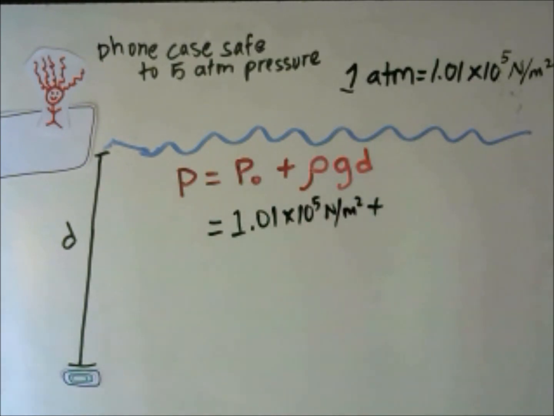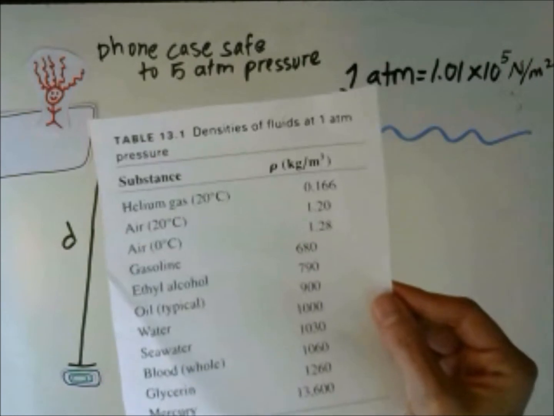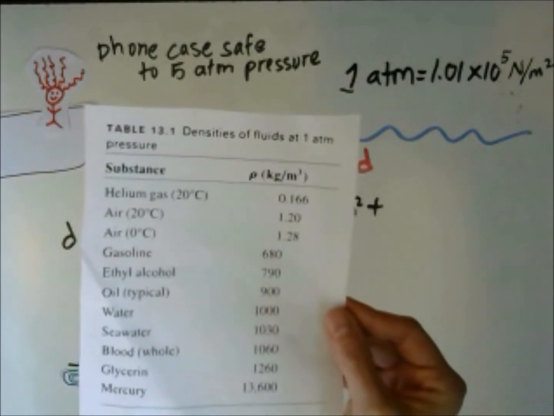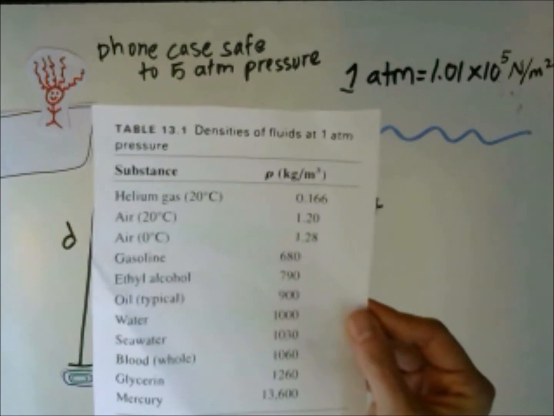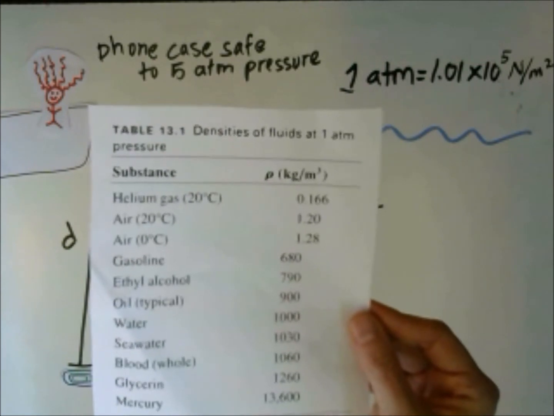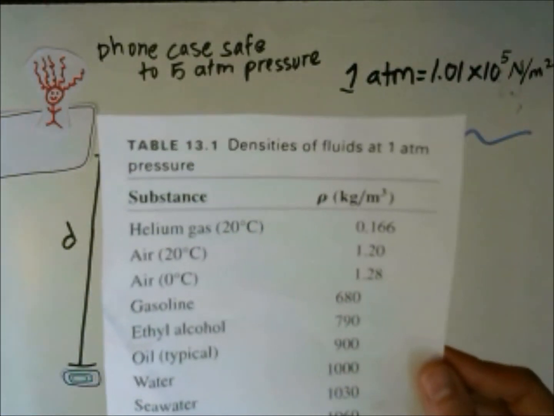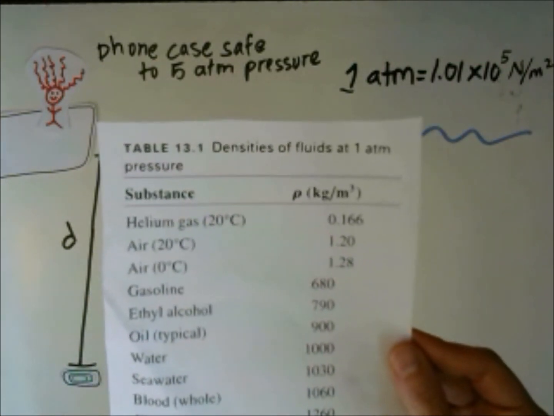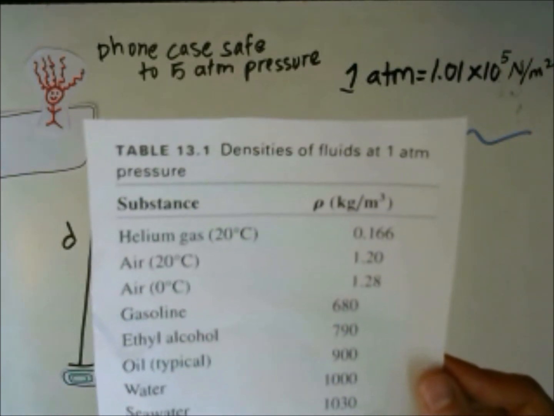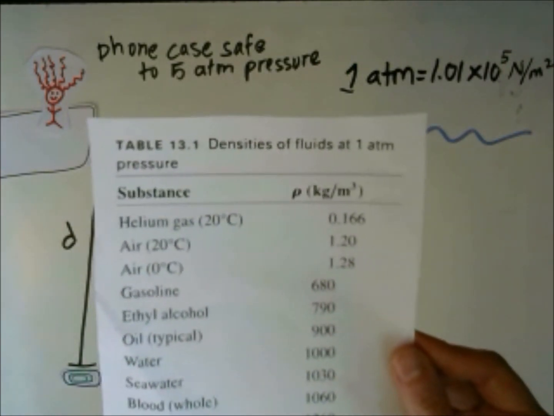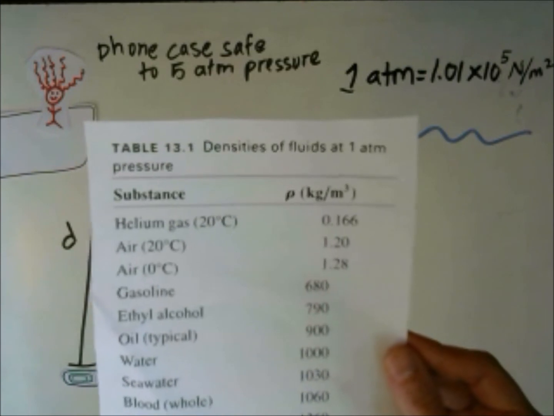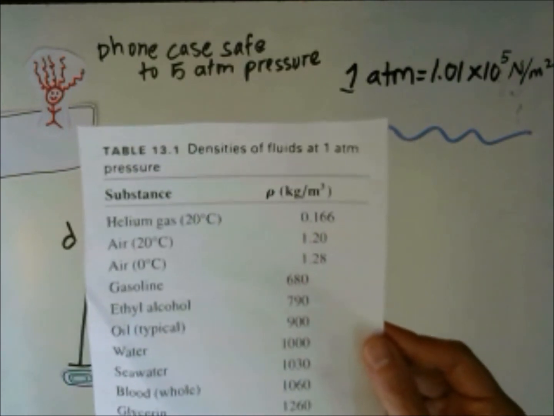Now we need the density of water, and she's in the ocean. Some typical densities of fluids: you can see that water is 1,000 kilograms per meter cubed. Seawater is 1,030 kilograms per meter cubed. Since she's in the ocean, we're going to use a density of 1,030 kilograms per meter cubed.